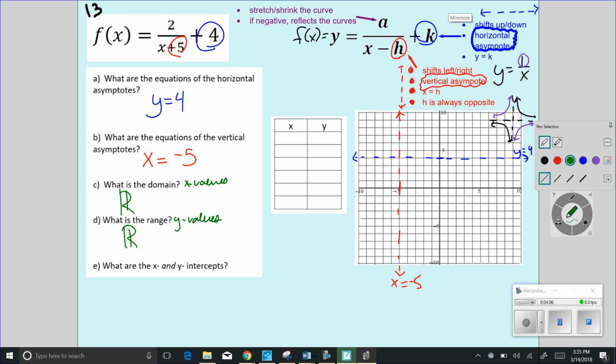For the domain, x values, you have this asymptote at x equals negative 5, meaning nowhere on your function is x going to equal negative 5. So it's all real numbers, but x cannot equal negative 5. The range is all real numbers, but y cannot equal 4. That was from up here. You have an asymptote at y equals 4, so you're not going to have any y values at 4.